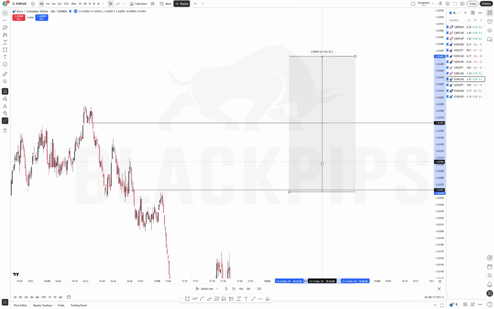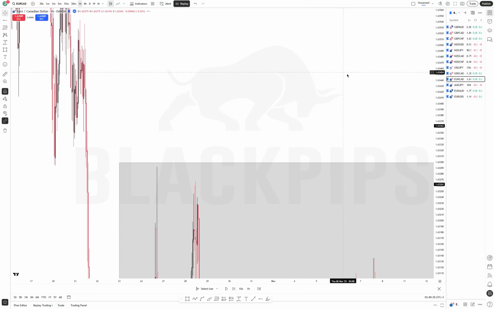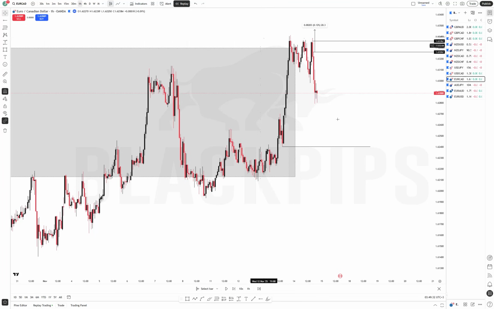So we have the first entry on this area here, the second entry on that area there. So we wait for the market to come to take those liquidity up there. Let's see what the price did.